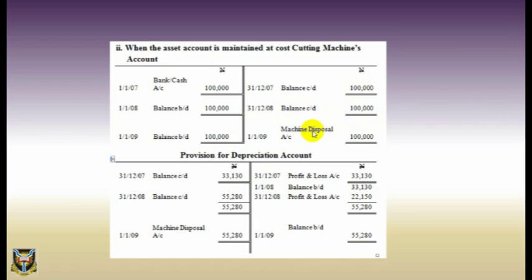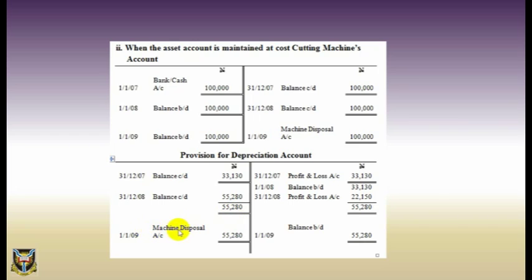Machine disposal 1/1/2009 A/C 100,000 naira. Provision for depreciation account. 31/12/2007 balance C/D 33,130. 31/12/2008 balance C/D 55,280. Equal 55,280.